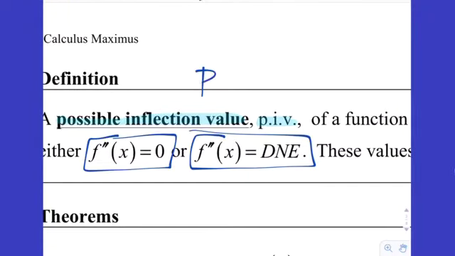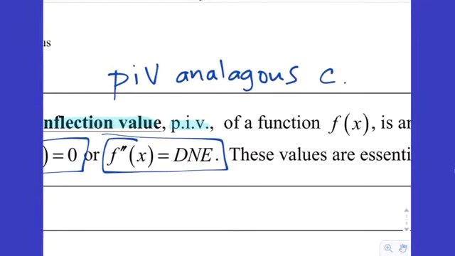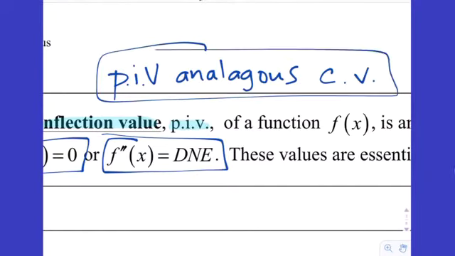In this case, a PIV is analogous to what? A CV. Good. Analogous to a CV. A CV is a possible local max or min. A PIV is a possible inflection value.